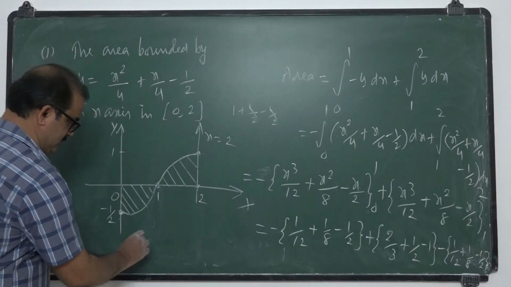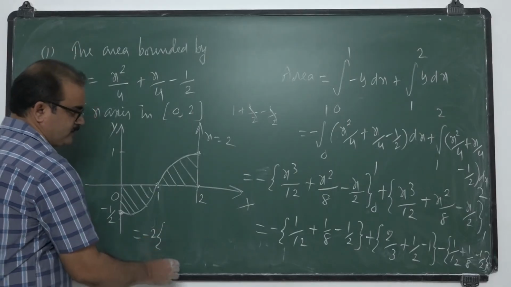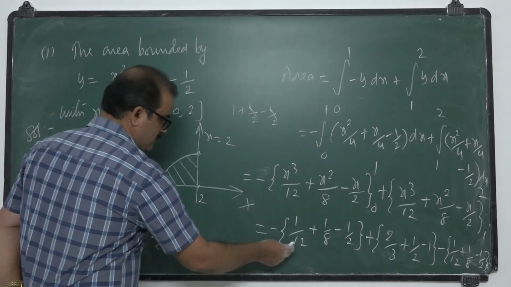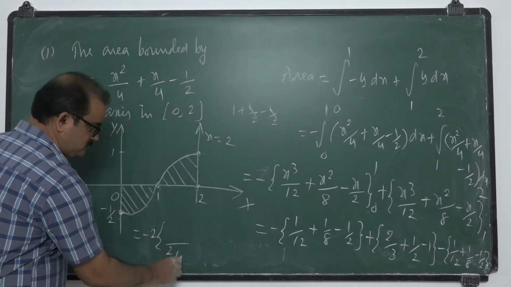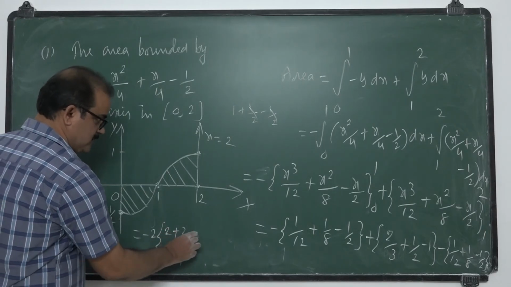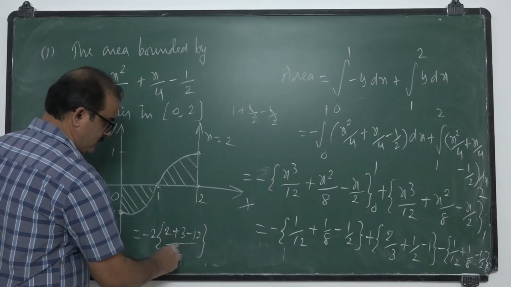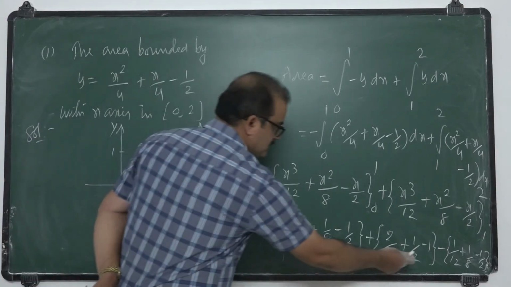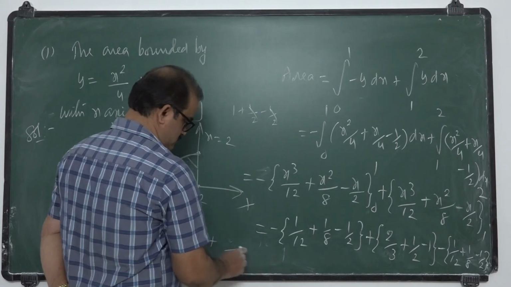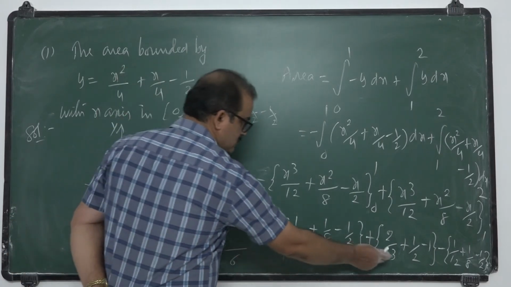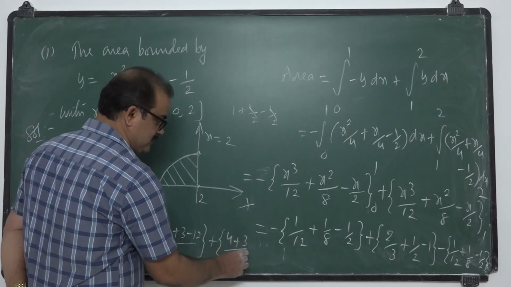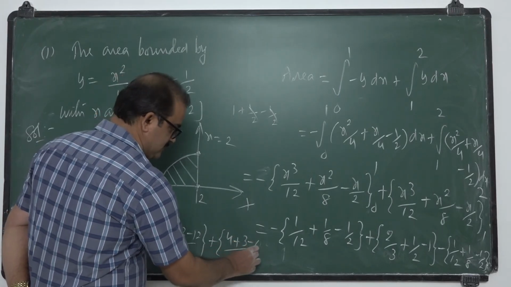So write it as minus 2 into, what is the LCM of these three? 24. 2 plus 3 minus 12, plus, see here, what is the LCM? 6. 3 2 times, 2 into 2 4, plus 3 minus 6.